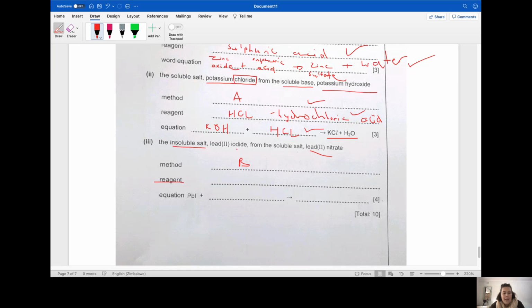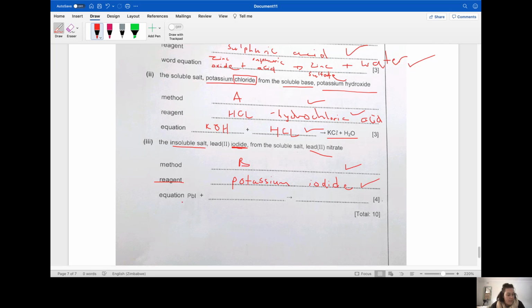If I'm making lead iodide, I'm going to need something iodide to mix the two. So I'm going to need potassium. You could have said any iodide, potassium iodide, sodium iodide, whatever iodide. And you get 1 mark for each of those.